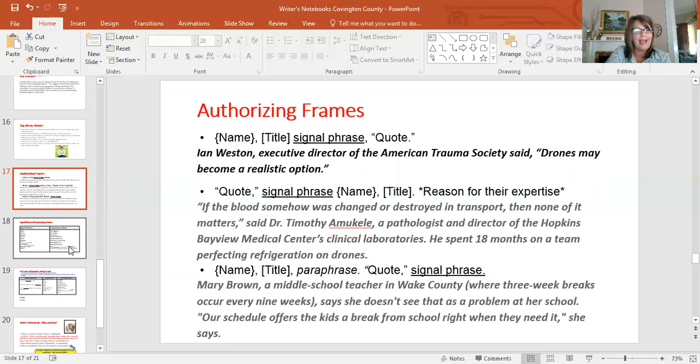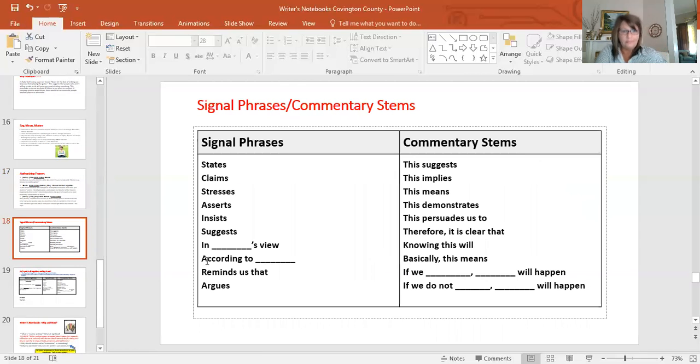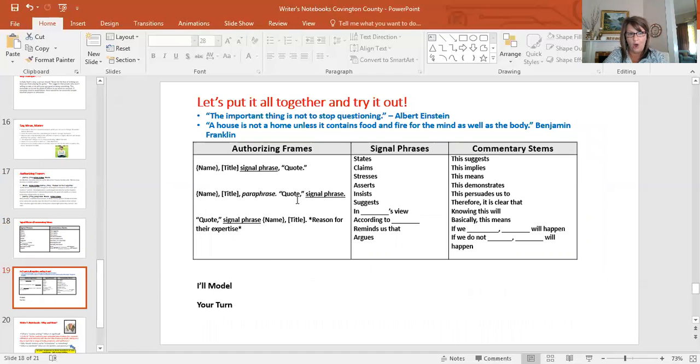So I have put some more sophisticated ones. Remember, we're always bumping up. Some of these are what we saw on the Would You Rather, but as kids get really good and fluent with using signal phrases and commentary stems, bump it up, add more. So that's what I've done here. You'll just notice that there's more here than on the previous slide, and I now have them all on one table.